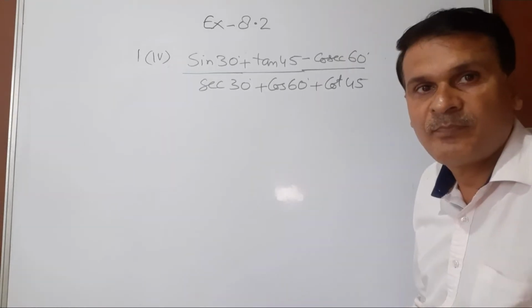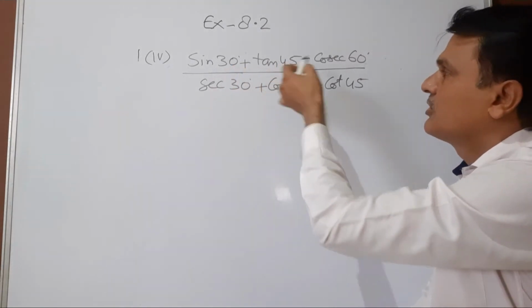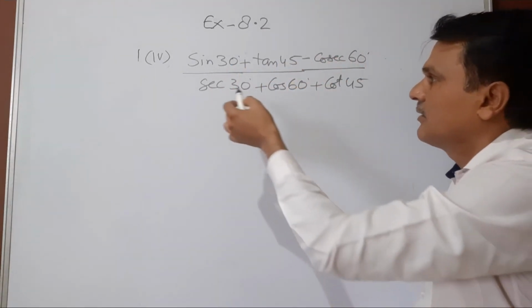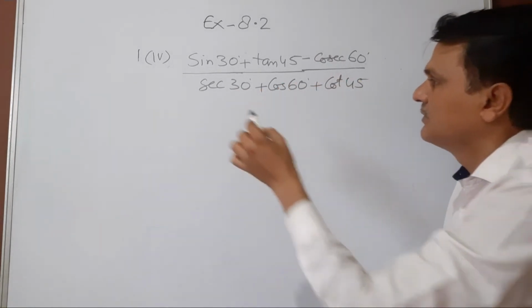Fourth part of the question is sin 30 plus tan 45 minus cosec 60 upon sec 30 plus cos 60 plus cot 45.